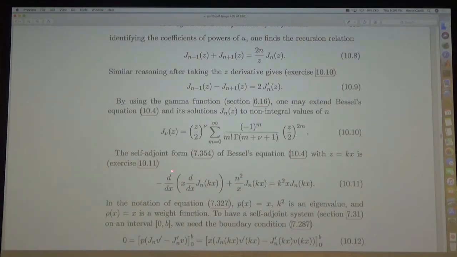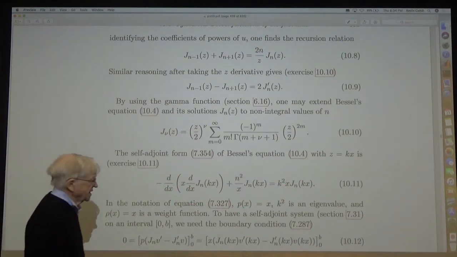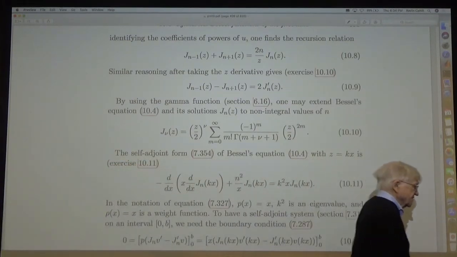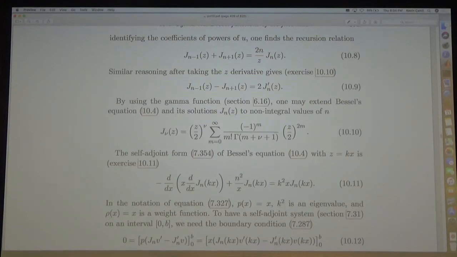Now the self-adjoint form of Bessel's equation, if you let z equal kx, is this form here. This is the form that's often used in problems in physics and optics and electrodynamics.